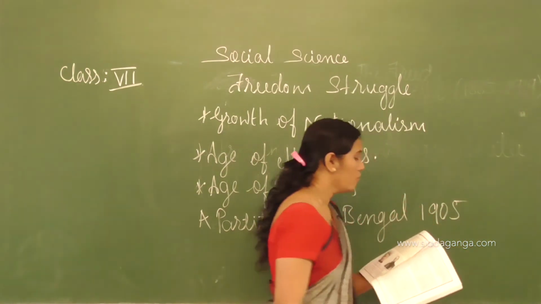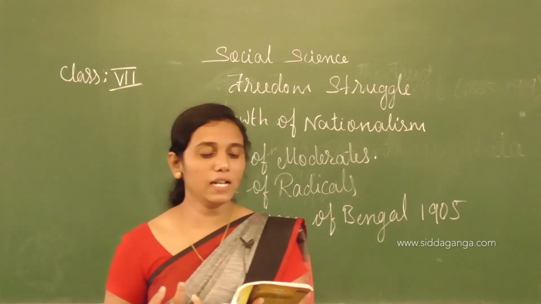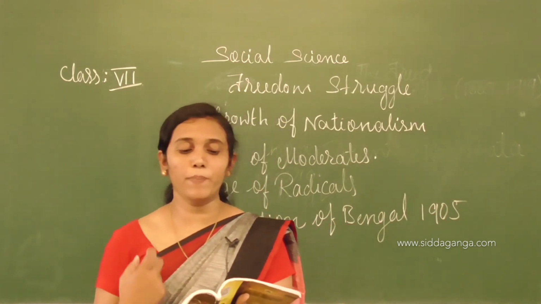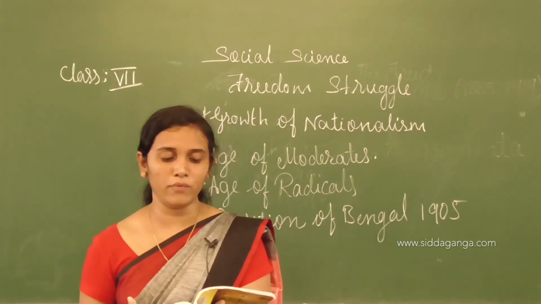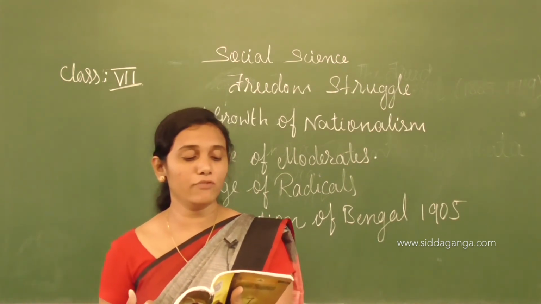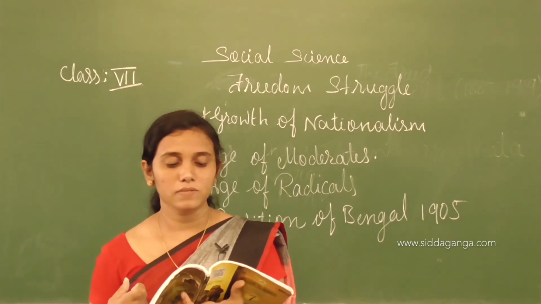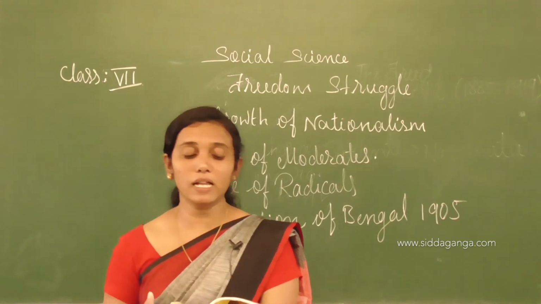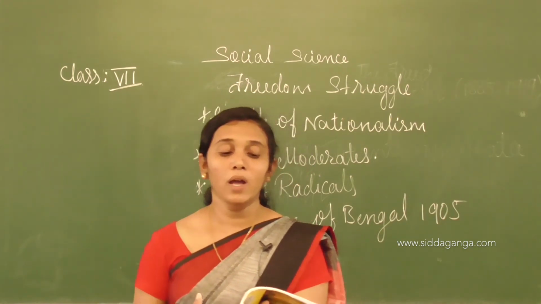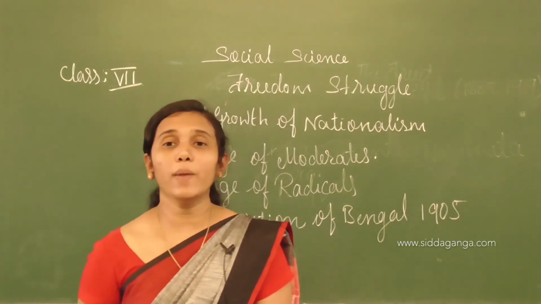The first partition of Bengal was a territorial reorganization of the Bengal Presidency implemented by the British in 1905, announced by Lord Curzon on 16 October 1905. An important event that inspired the national struggle of the radicals was the partition of Bengal in 1905.